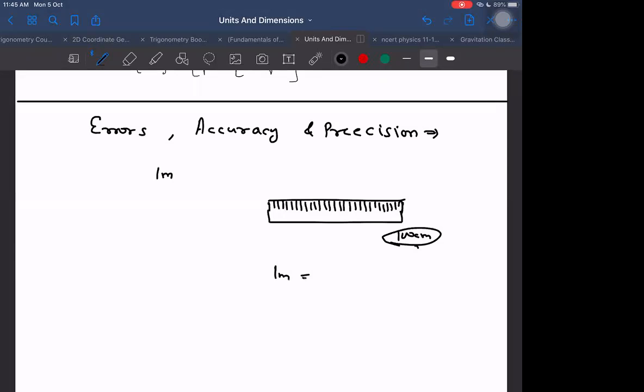1 meter is defined as the distance traveled by light in 1 upon 299792458 seconds. That length is 1 meter.